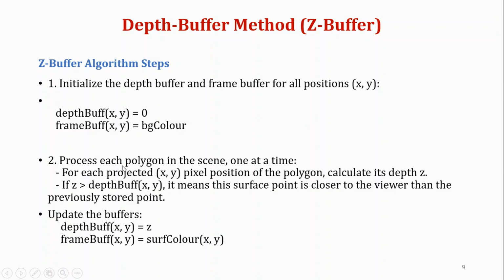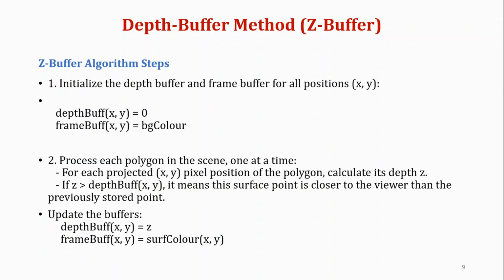And step number two, for each polygon, one at a time, for every projected pixel, calculate the depth value z. So for the depth buffer at x comma y, you calculate the z value, that is the depth. Compare the current depth value with the stored depth buffer value.